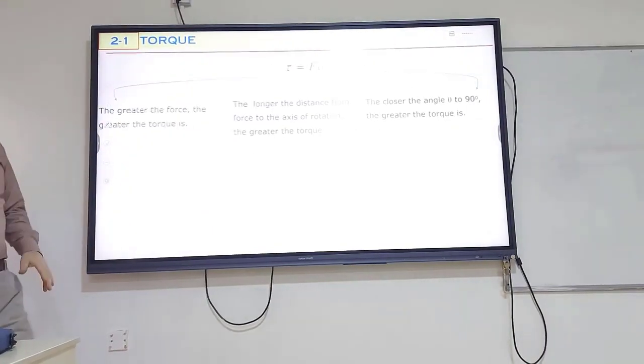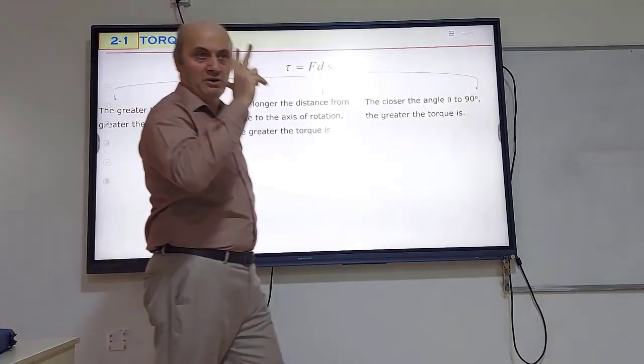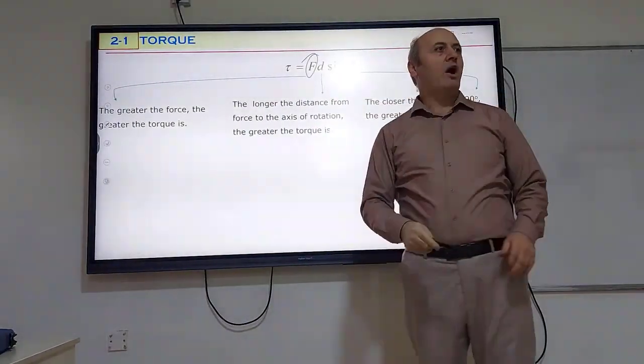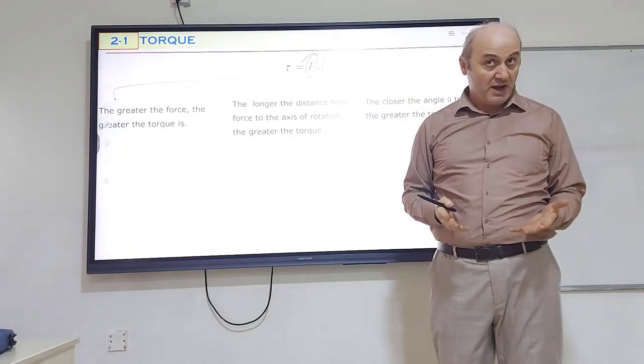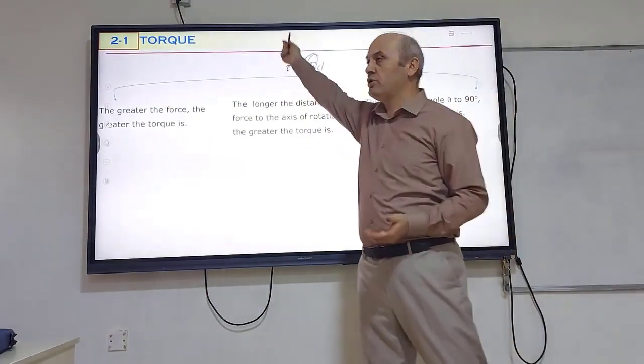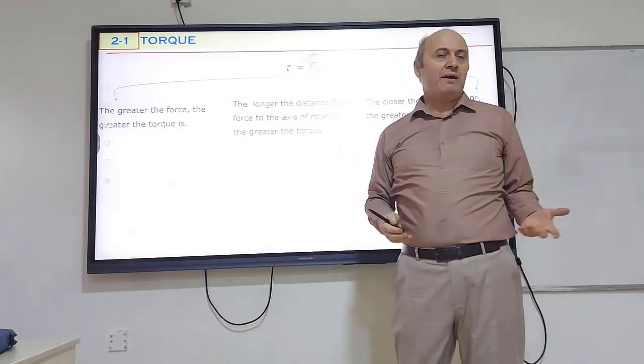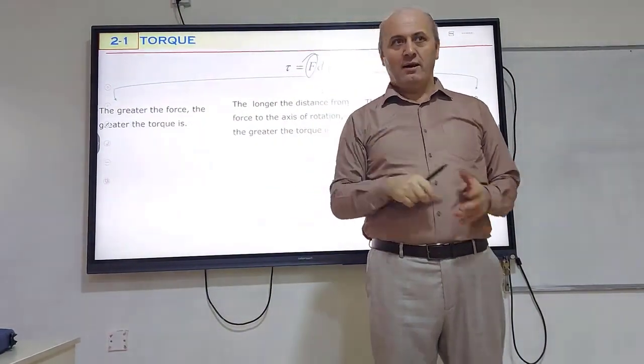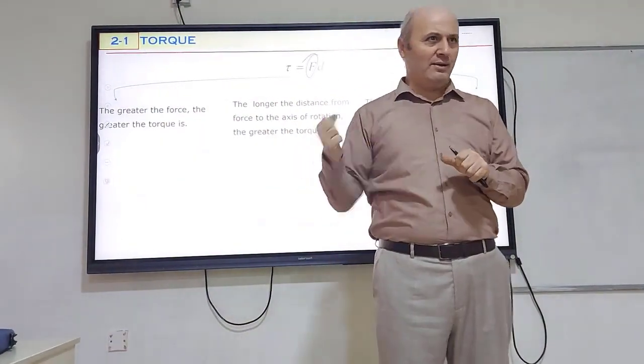According to this equation, torque depends on three parameters. One of them is how much force acts on the object. If the force increases, torque increases. If you are unable to rotate something, you will call someone stronger: I cannot rotate it, can you help me?